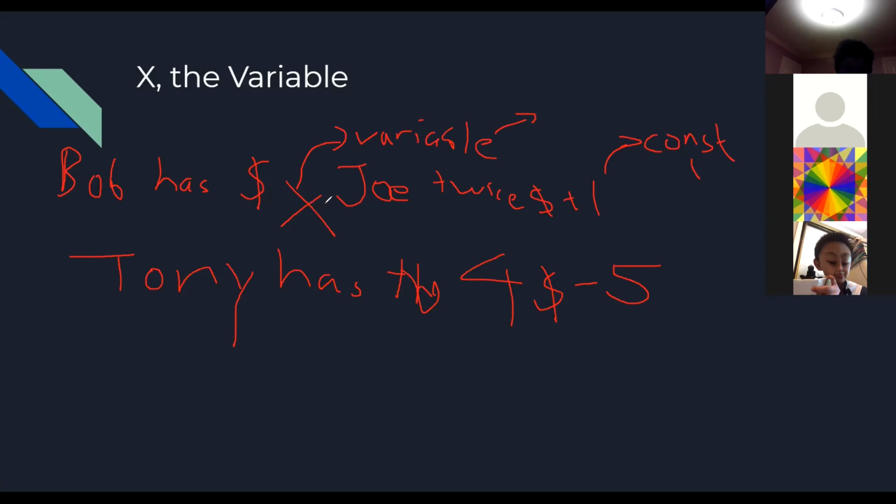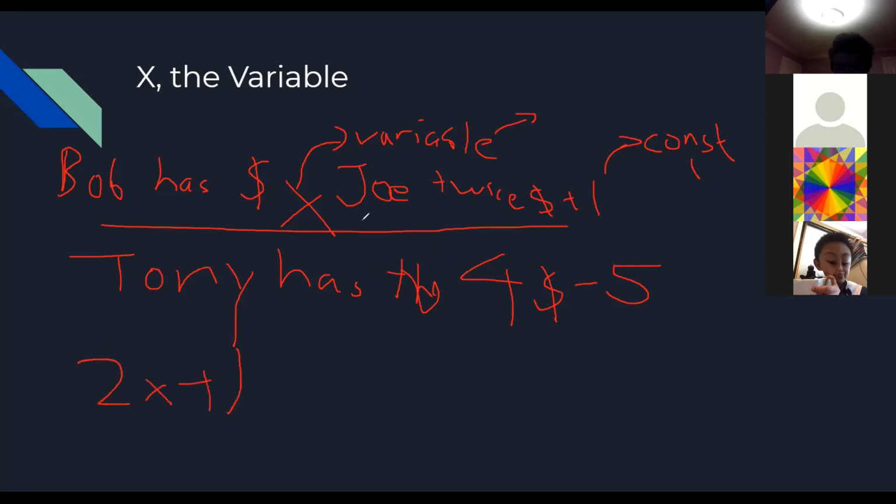So now we need to make an expression of Bob's and Joe's money to match Tony's money. So since Joe has twice Bob's money plus 1, that would be 2x plus 1 money.